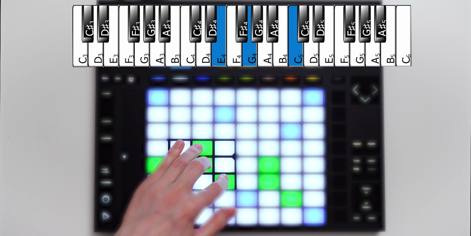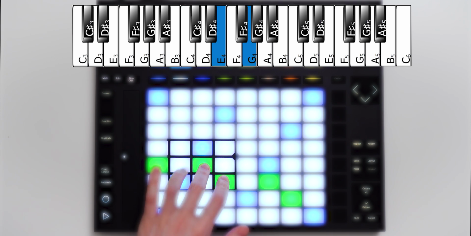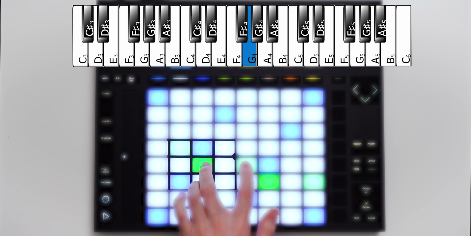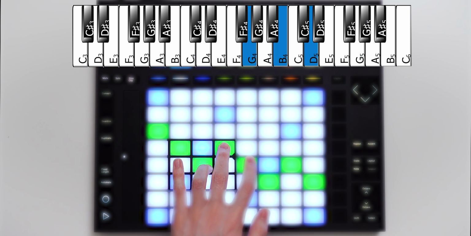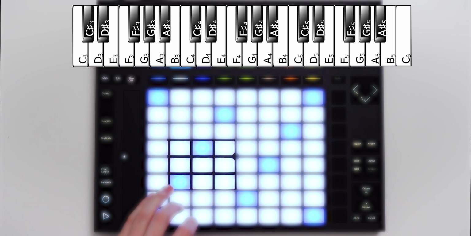Like when you're doing this shape, also you just go back to normal, and you see that the C is the first one on the scale. So it's kind of easy to see. Like this is the C again.